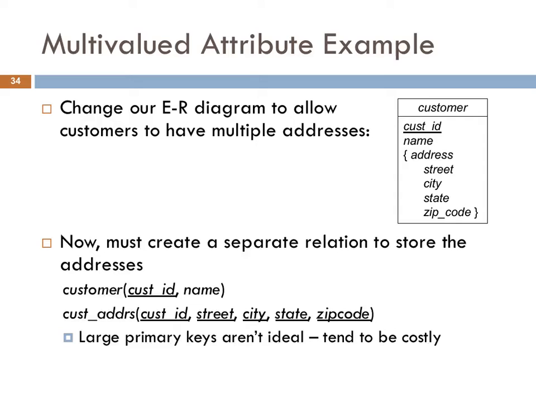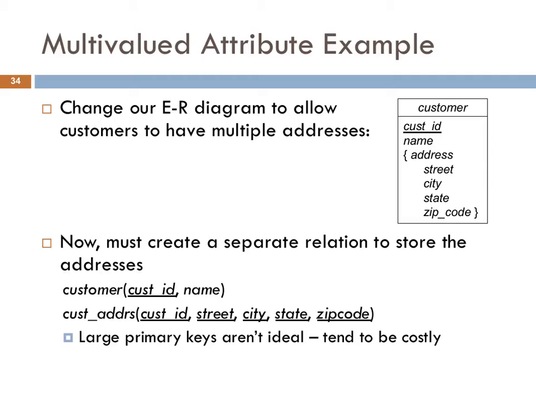Notice customer no longer has the multi-valued stuff. Customer becomes just cust ID and name, and of course we have cust ID as the primary key. Since we allow multiple addresses, we create another relation schema with street, city, state, zip code, because that's the single-valued version of the multi-valued attribute, and the primary key of the owning entity.